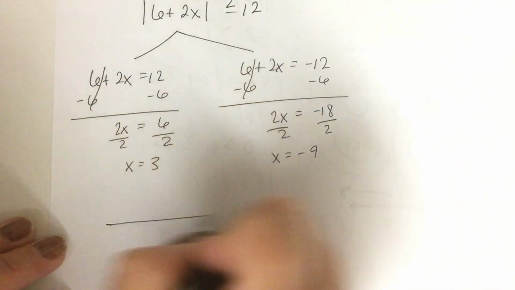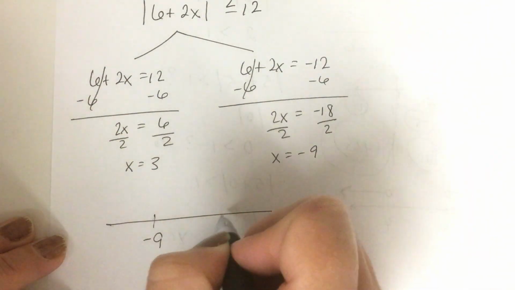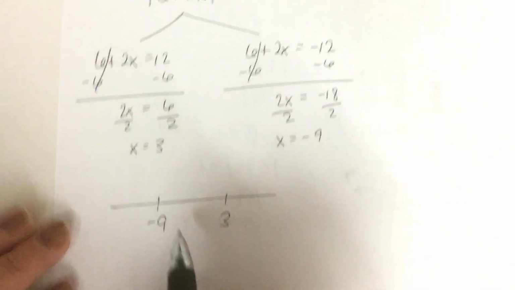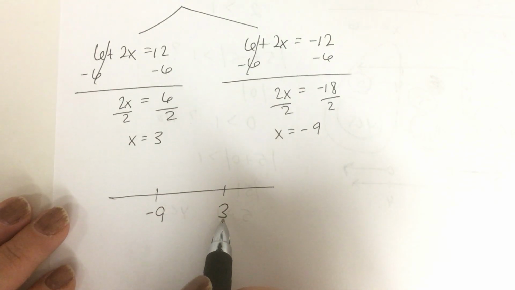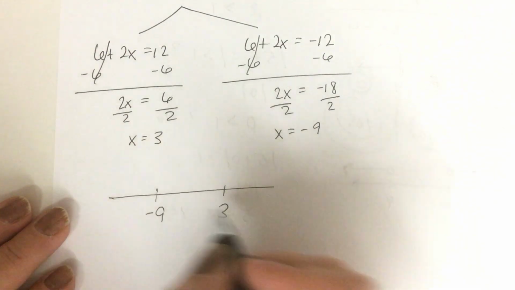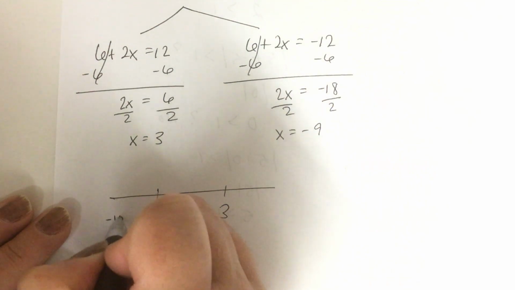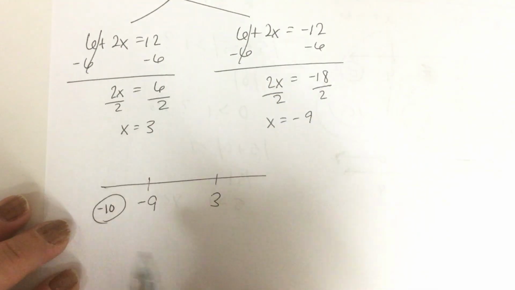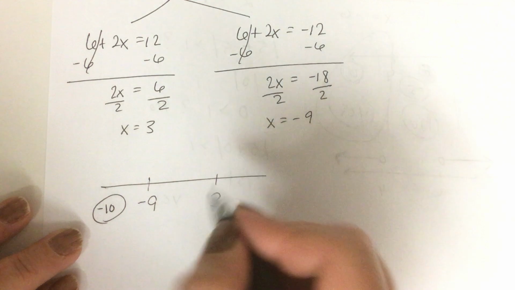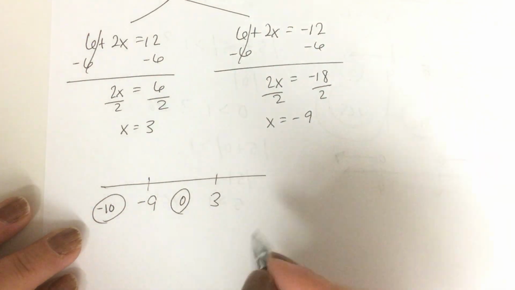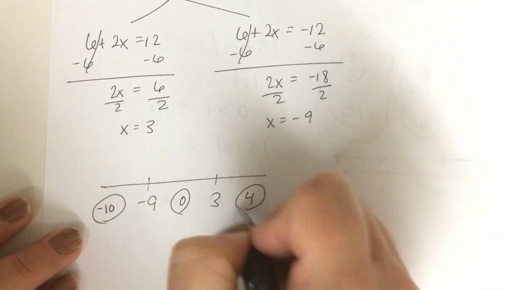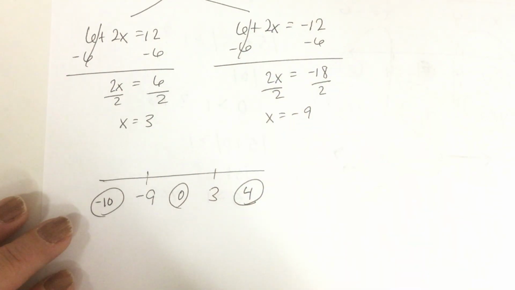Now I make my number line, putting the negative 9 on the left side because negative 9 is smaller than positive 3. Now I'm ready to check my numbers. So I'm going to pick something smaller than negative 9, something in between negative 9 and 3, well that'd be 0, and then something bigger than 3, so I'm going to pick 4.